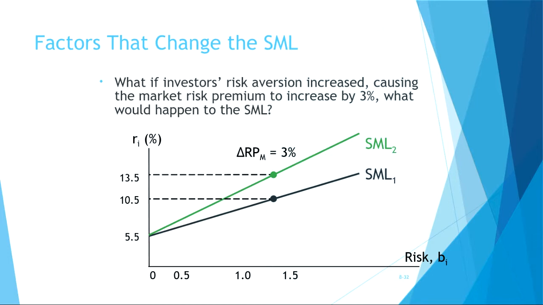If your market risk premium is not 5 but 8, if you change your market risk premium, then your security market line again not shifts but moves up. Any questions up to now? Assume no question, all clear, I guess.